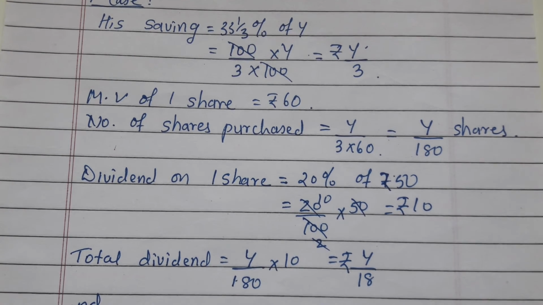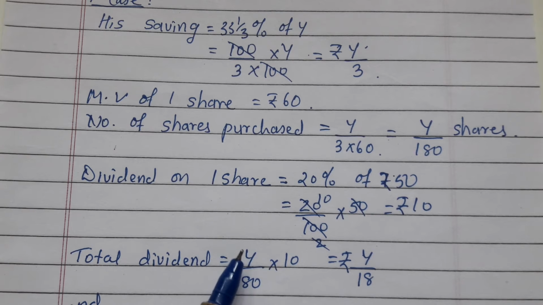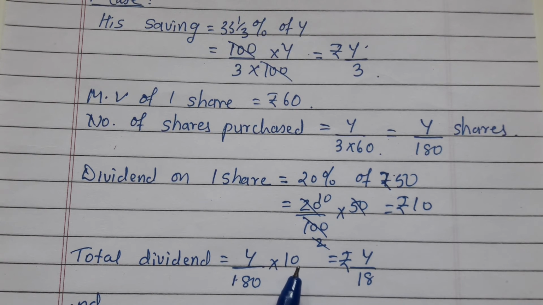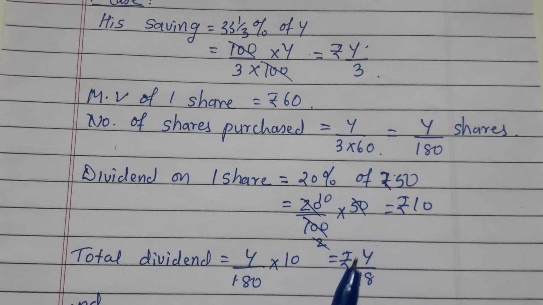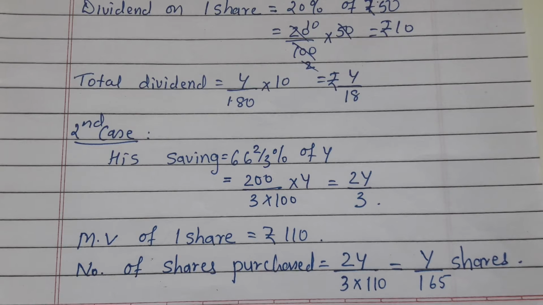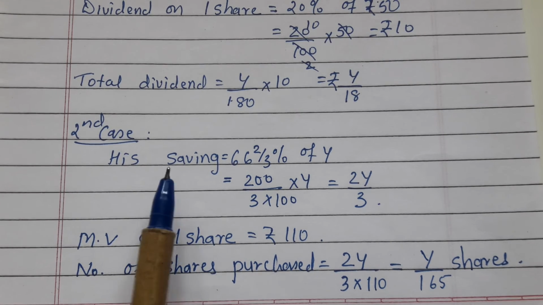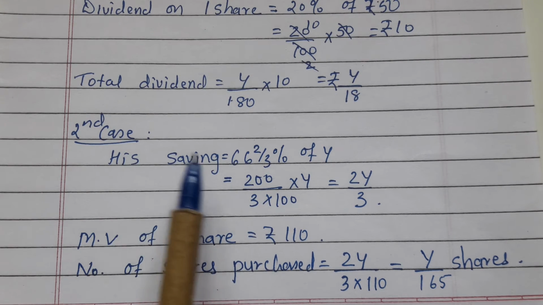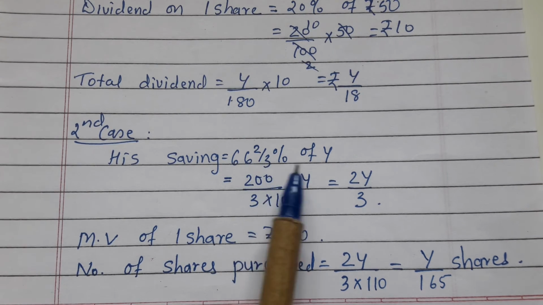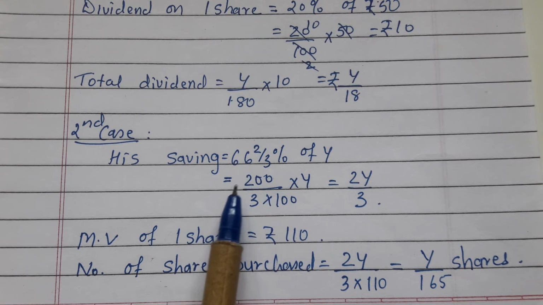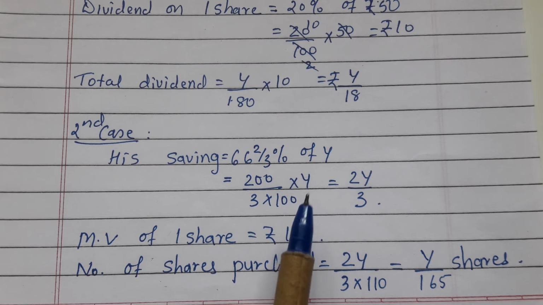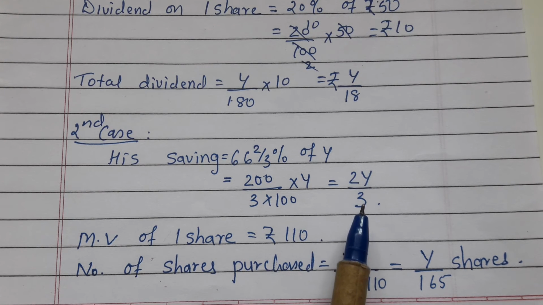Total dividend is equal to number of shares, that is Y upon 180 into dividend on one share, that is 10, equal to rupees Y upon 18. Second case, his savings equal to, first was 33 1/3, so total is 100, so second will be 66 2/3% of Y, that is equal to 200 upon 3 into Y upon 100, that is equal to 2Y upon 3.